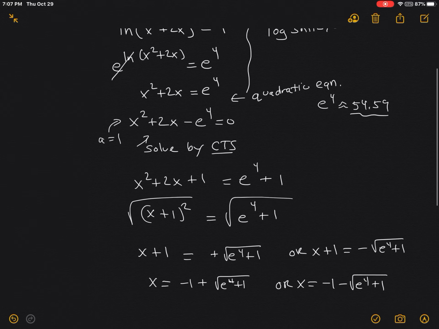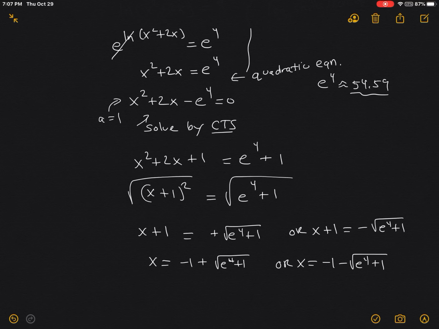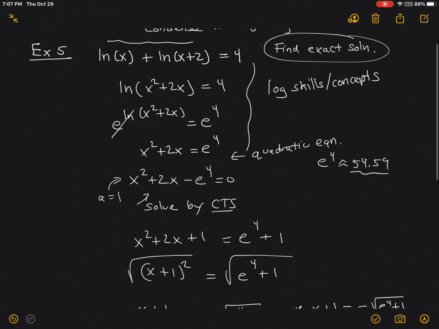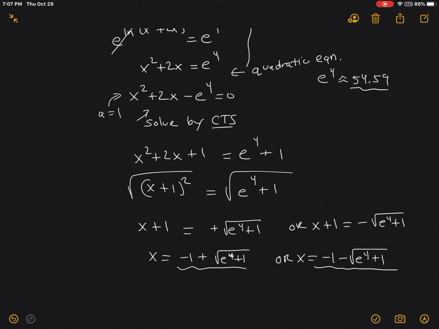After all that work, am I done? No, remember, you have to check for extraneous solutions. At this point, if you're not quite sure which one of these actually satisfies the original equation, remember, the way I check it is I plug in my final x values to see if it makes the argument negative. If you just do a rough estimate, e to the fourth we know is 54.59.